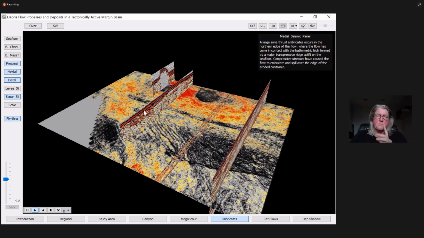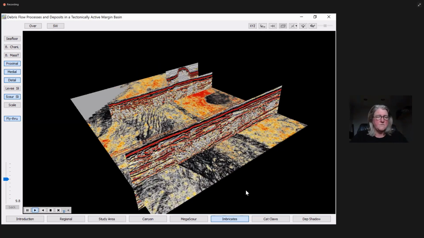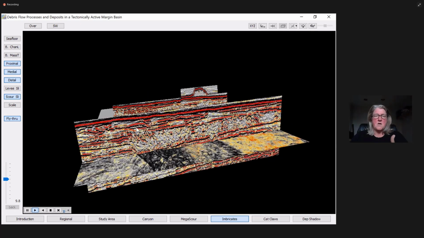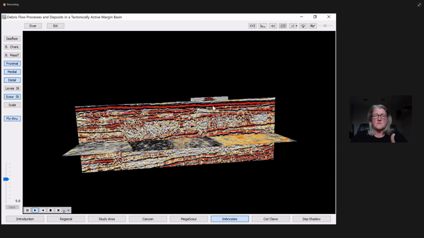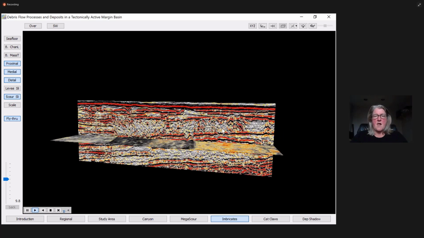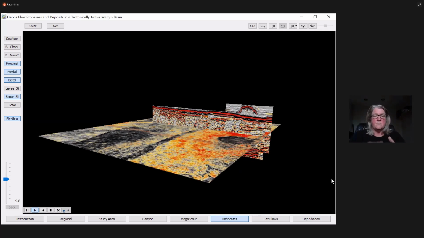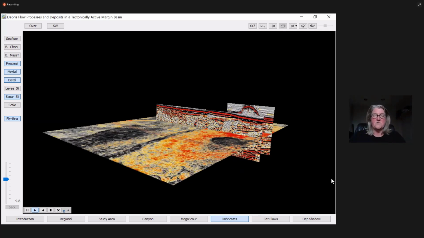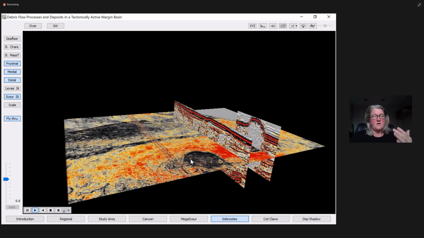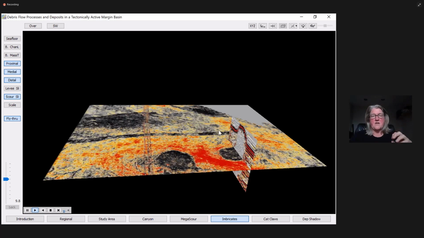You can really see the imbricate thrusts that are being developed as the mass failure moves from proximal to distal, so from close to you to apart. You can also see this levied channel system that's sitting over the top of this mass failure. So there's a lot of architecture that's being revealed by slicing through the geometry of this, where you can see the dark black areas, which are the mud volcanoes, the chaotic architecture of the mass failure.